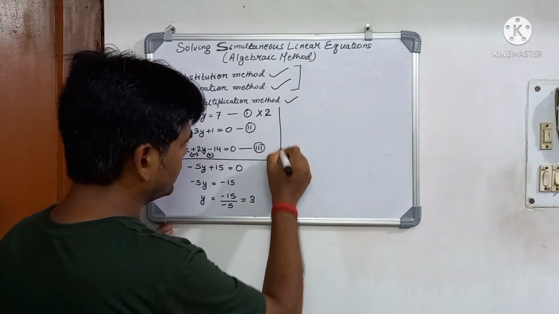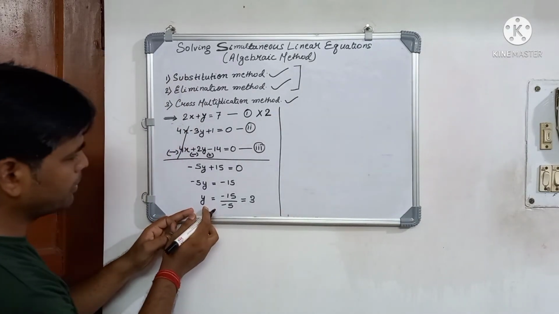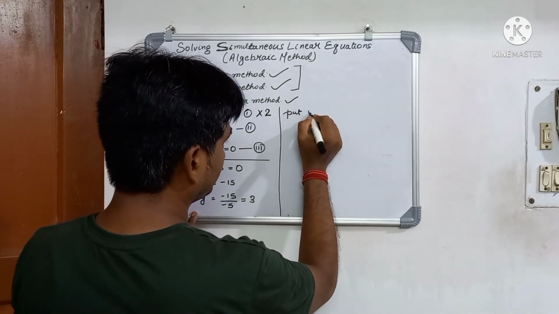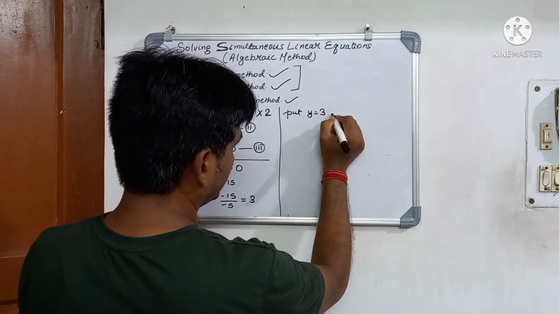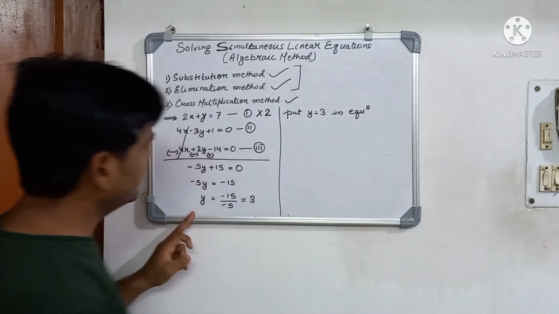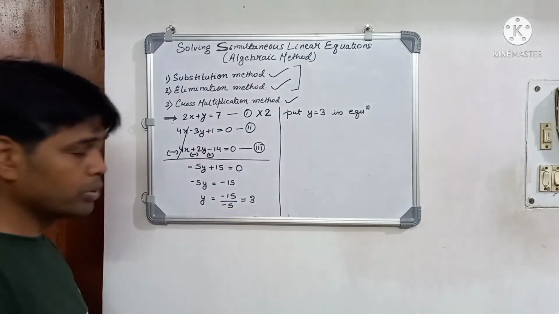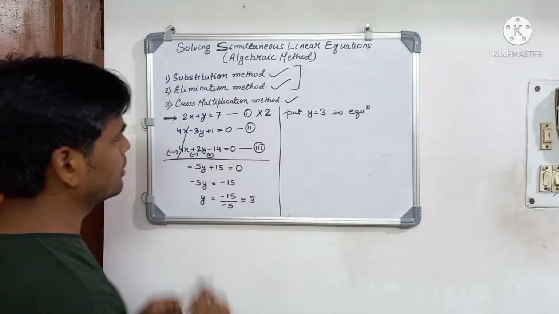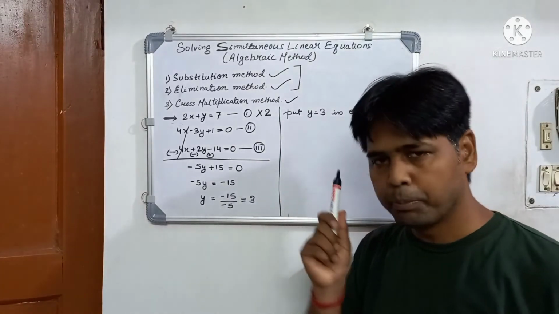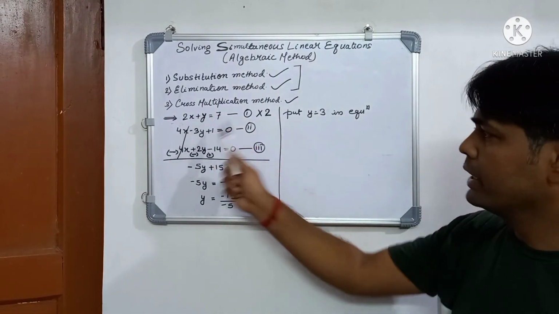Now again, doing the same process, once we have obtained the value of y, I will put y equal to 3 in an equation. Whichever equation we can put, but we cannot put the value of y in equation number 3. Remember one thing, that the value that has been obtained for the variable will be put into the parent equation only.